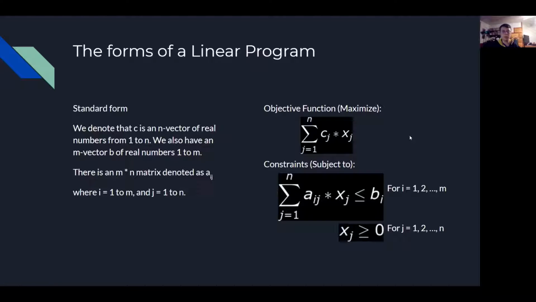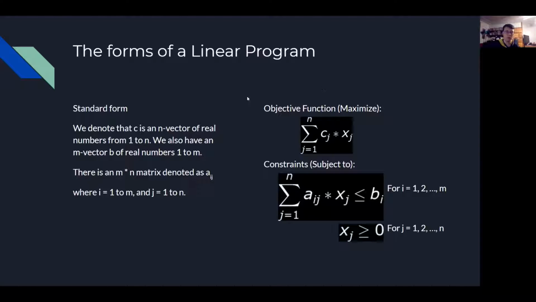The forms of a linear program: we have the standard form, and we create a vector of size n called c, and it's just real numbers that will act as the coefficients to our variables in the objective function, which is what we try to maximize.